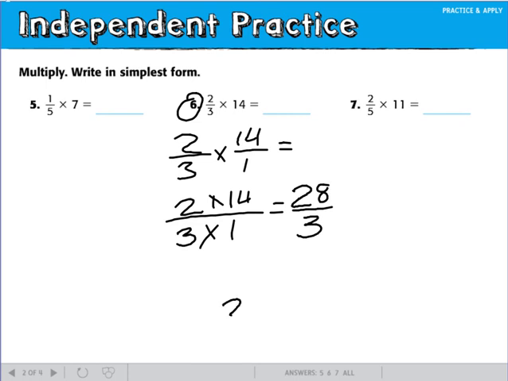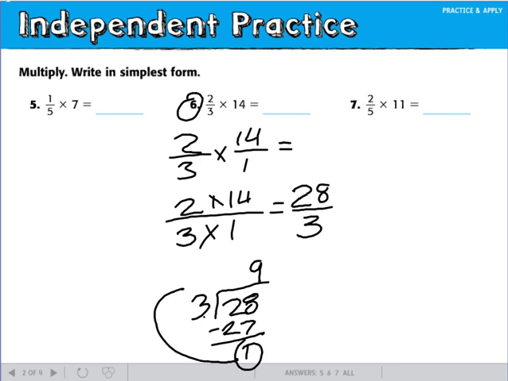So now I have 28 divided by 3. 3 cannot go into 2, right? 3 goes into 28 how many times? 9. 9 times 3 is 27. I subtract that, I have 1 left over. Is 1 less than 3? Yes, it is. So I take my 1 and I put it on top of my 3. So I have 9 and 1/3. Okay?